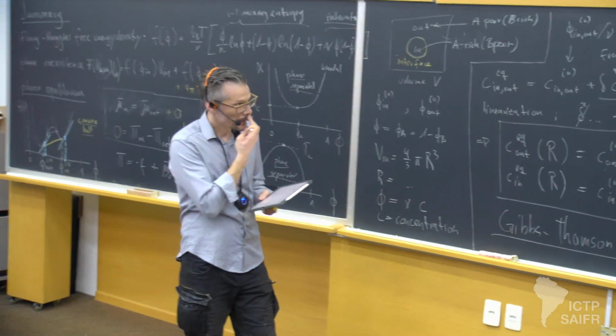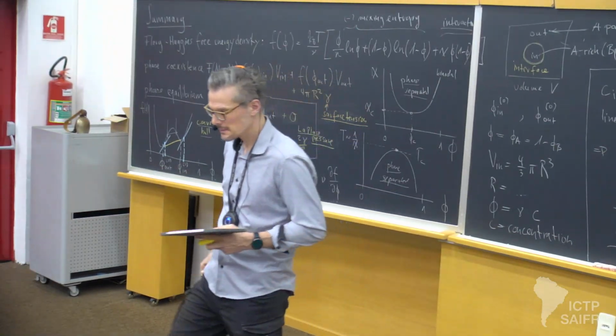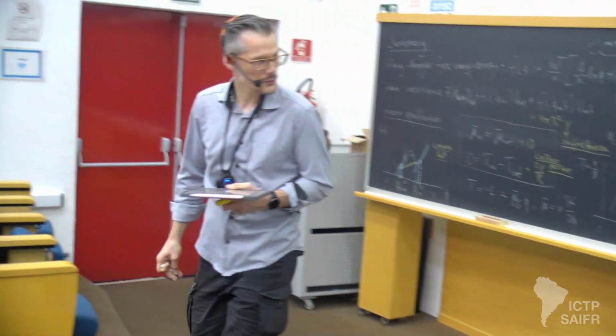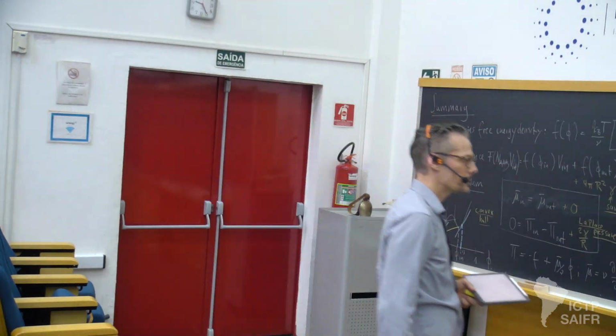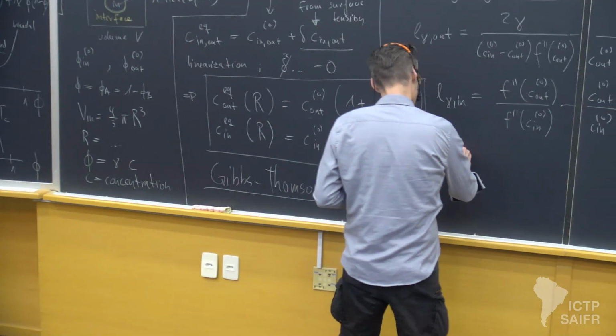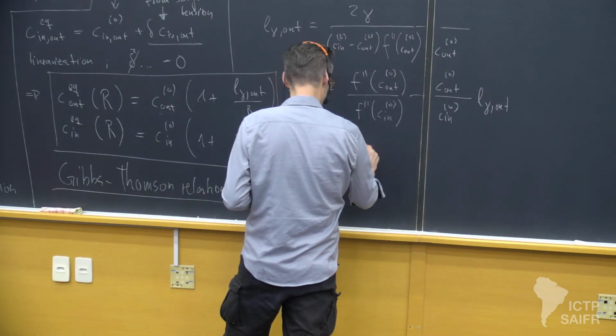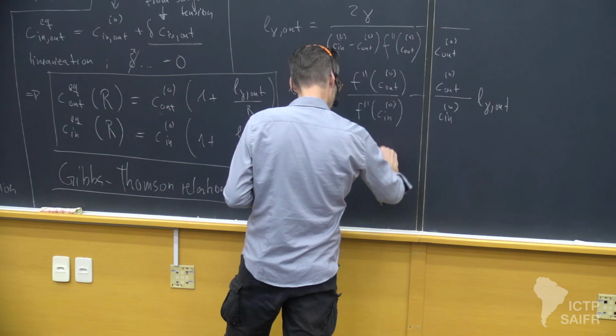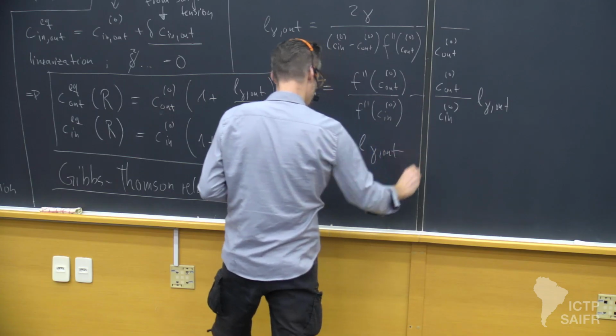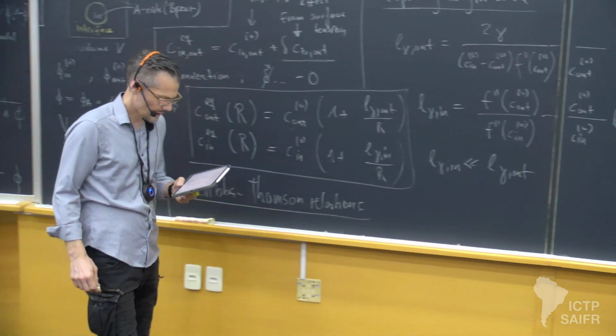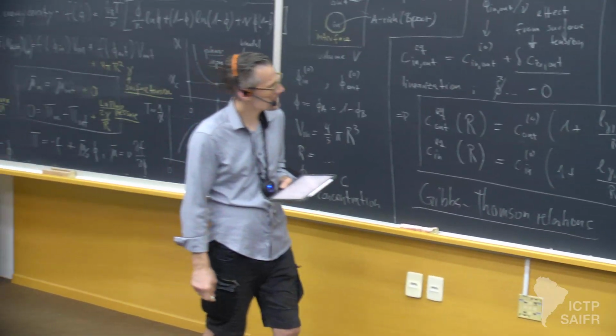Okay, so we see something very interesting that people like Lifshitz and Slyozov have exploited in their seminal papers on Ostwald ripening. And this is simply that L_gamma in is typically much smaller than L_gamma out. How can we see this?